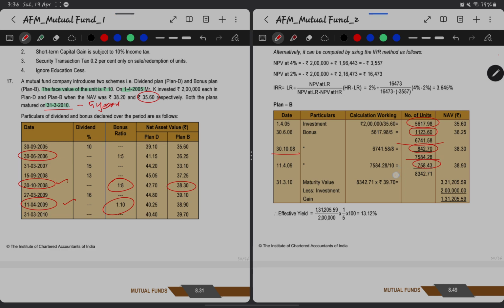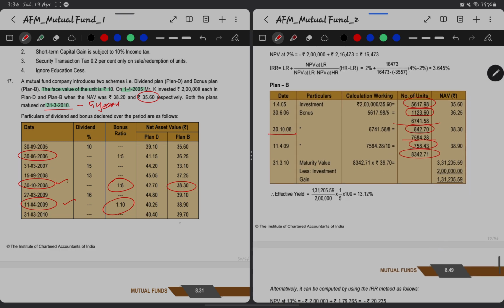Adding it up, the closing mutual fund balance amounts to 8,342.71, and the NAV as on the last day when the mutual fund matured is 39.70. Hence 8,342.71 multiplied by 39.7 will give us the maturity value, and the investment is 2 lakh. Hence if we reduce that, we will get the gain or the return from the mutual fund on the bonus plan, which is Plan B.